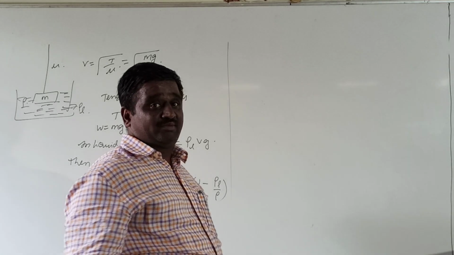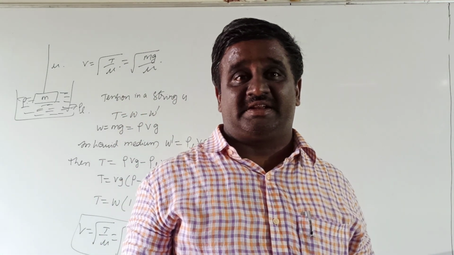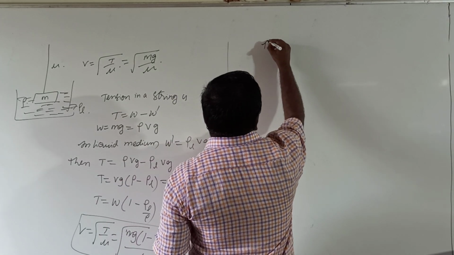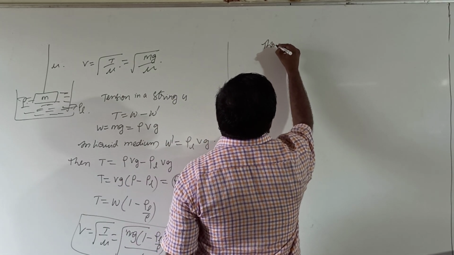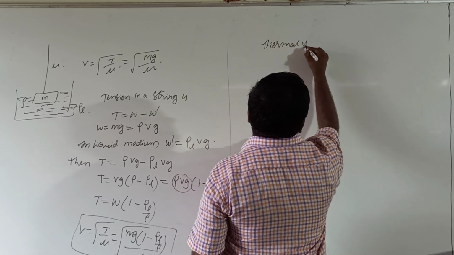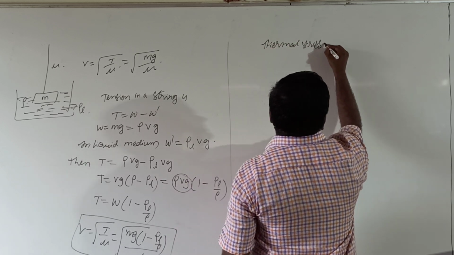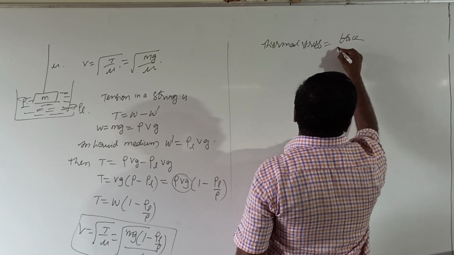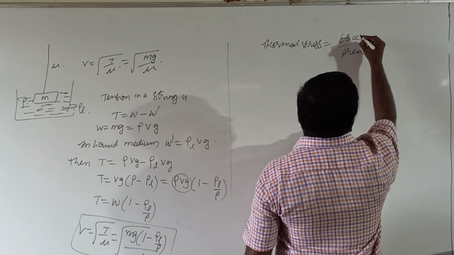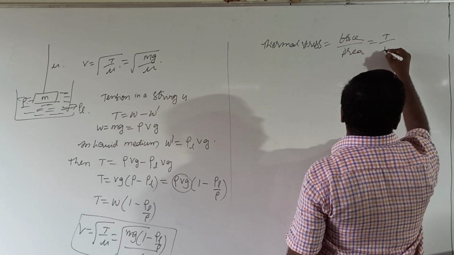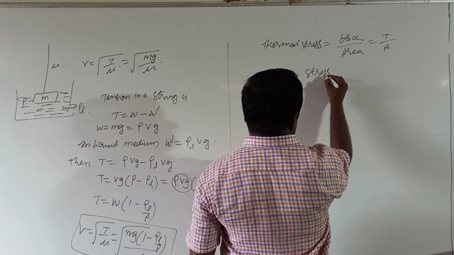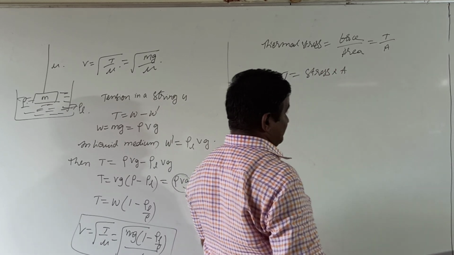Next we are discussing how thermal strain creates tension in the wire. Thermal stress equal to force by area. Force is nothing but tension, so stress is tension by area. Then T equal to stress into area.